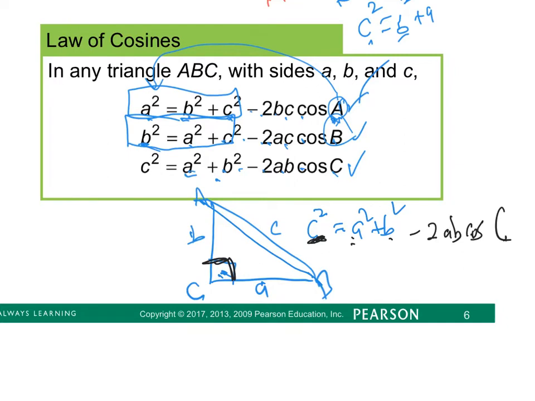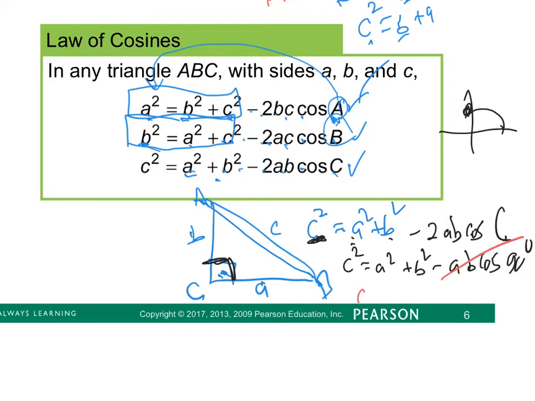Now, C is a 90-degree angle. So what is the cosine of a 90-degree angle? Think about it for a minute. C squared equals A squared plus B squared minus 2AB cosine of 90 degrees. Have you figured out what it is? It's a 0. So this goes away.